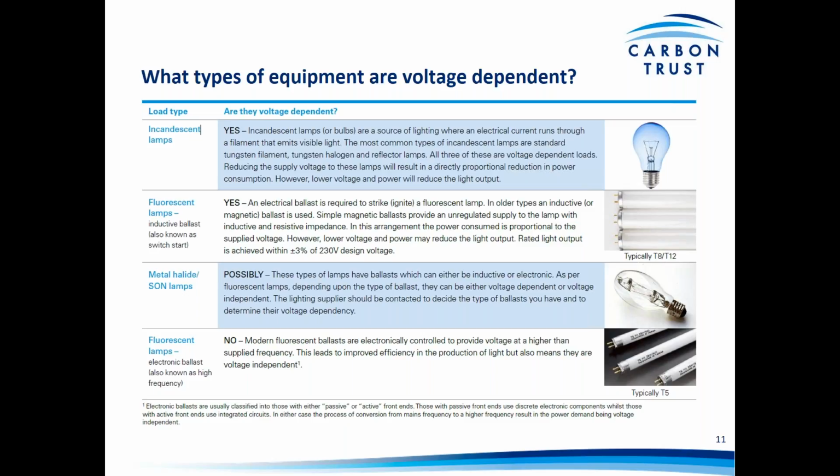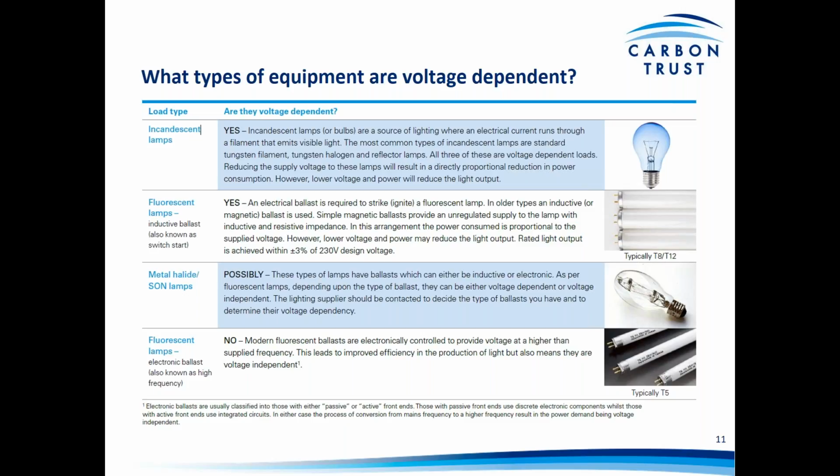More modern, so slimmer T5 type fluorescent lamps are different. So these tend to have electronic ballasts. So essentially the voltage that is provided to them is electronically controlled and at a higher supply frequency as well.